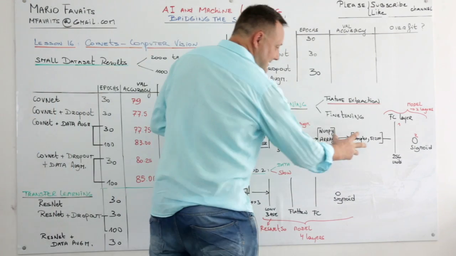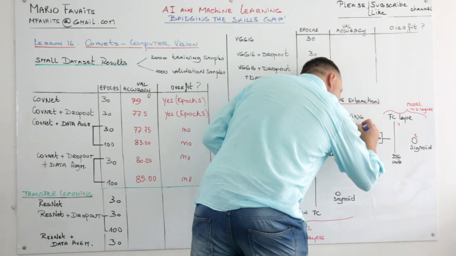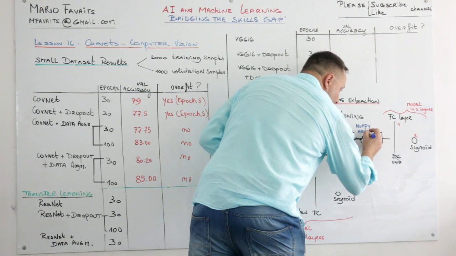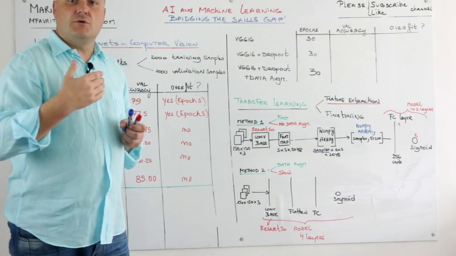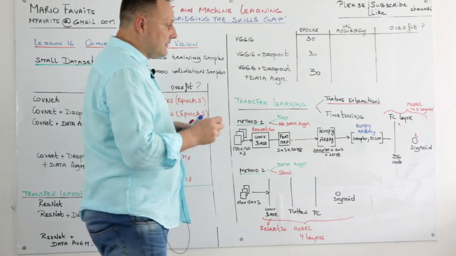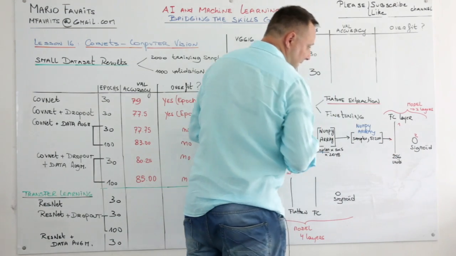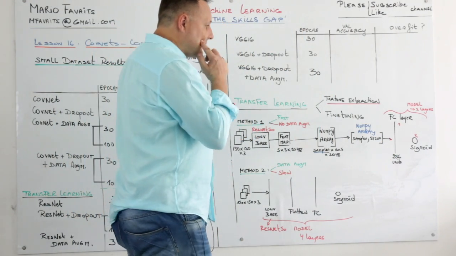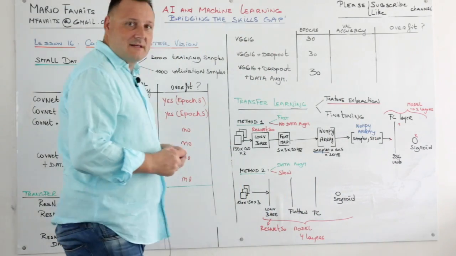This is still a NumPy array. This will be fed into a fully connected layer of 256 units. And then this will be fed into a sigmoid layer.